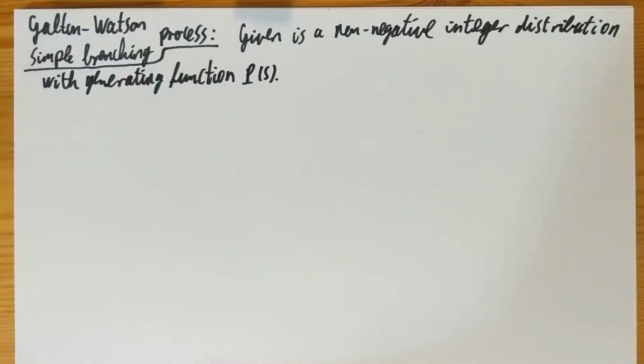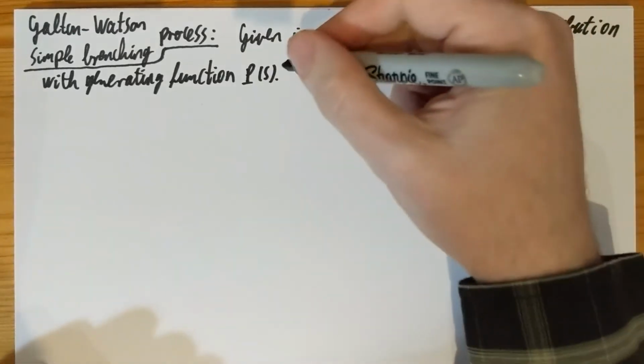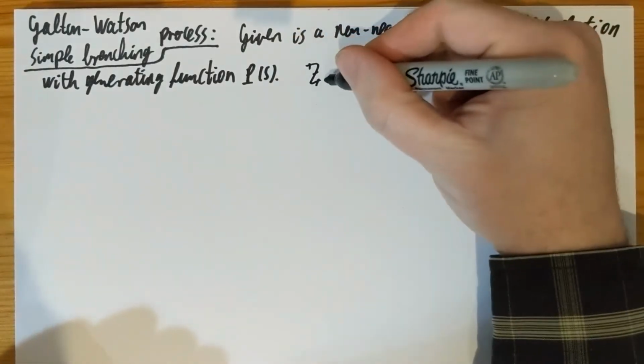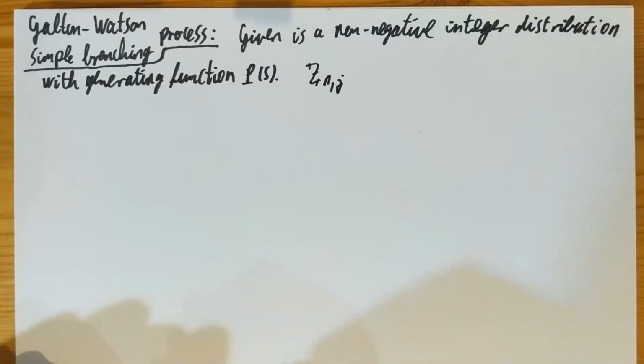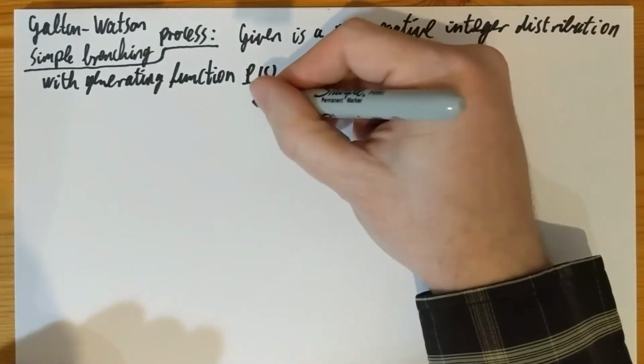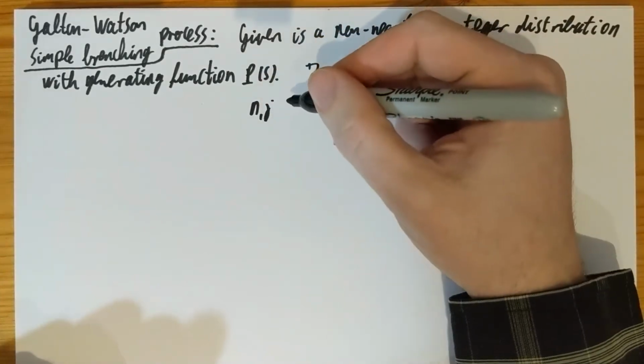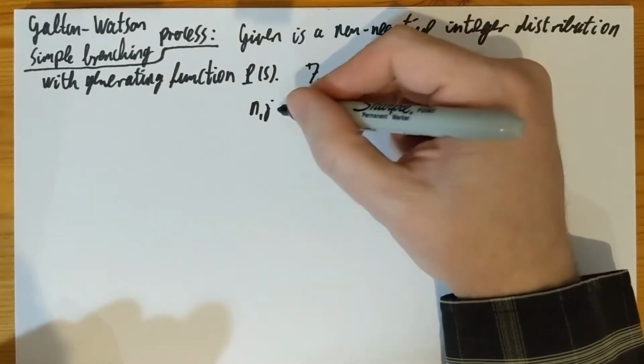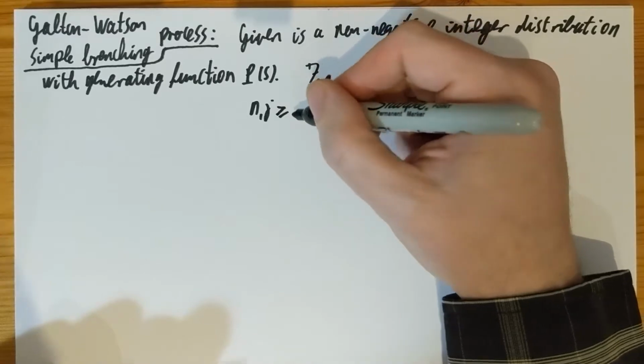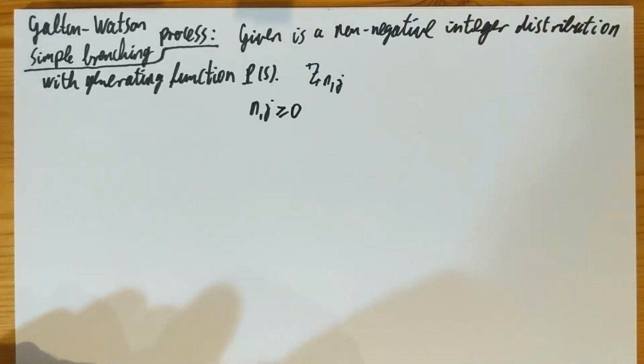And I'm going to consider Z_{n,j}, a two-indexed array of random variables, where n and j are non-negative integers, but really we're just going to go from 1.